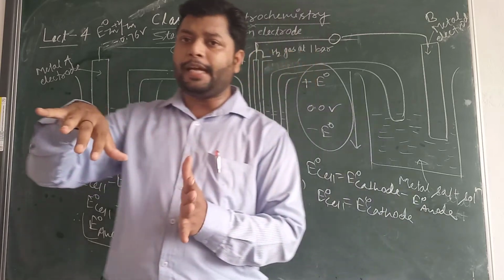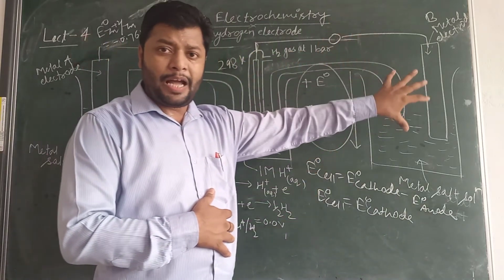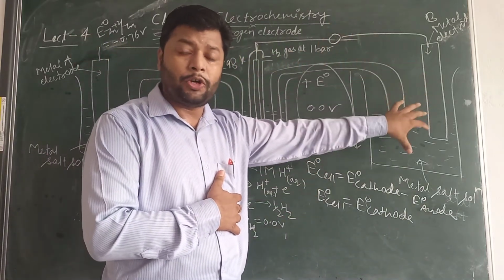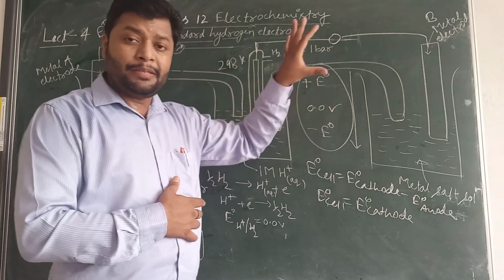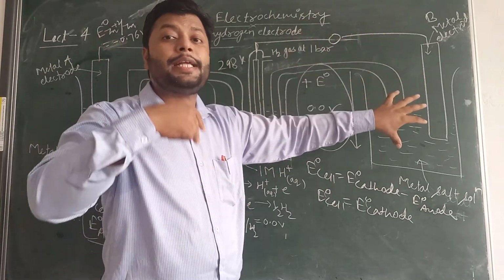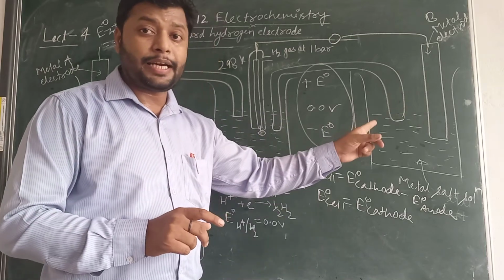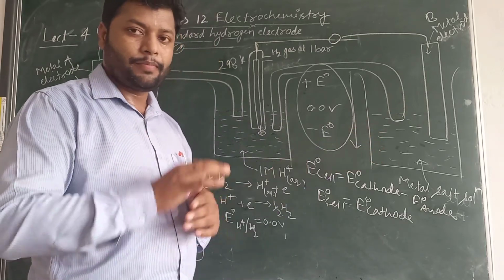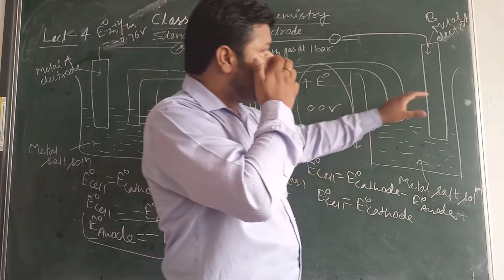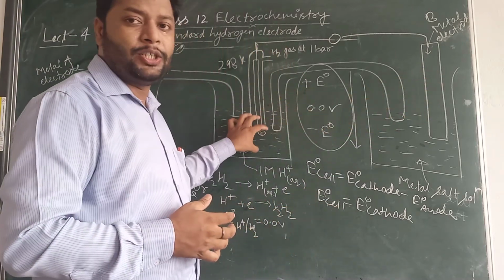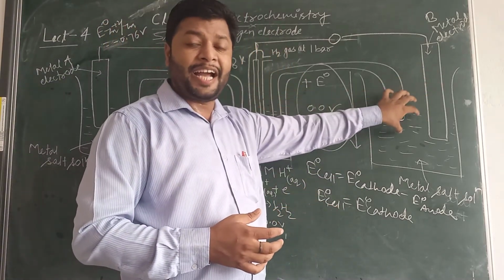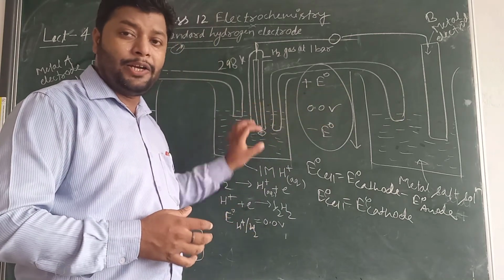So it is very clear that if an electrode has a tendency to be a cathode compared to hydrogen, it must have more tendency to be reduced, because reduction occurs at the cathode. Suppose here is copper and here is hydrogen, and copper acts like a cathode, hydrogen acts like an anode.